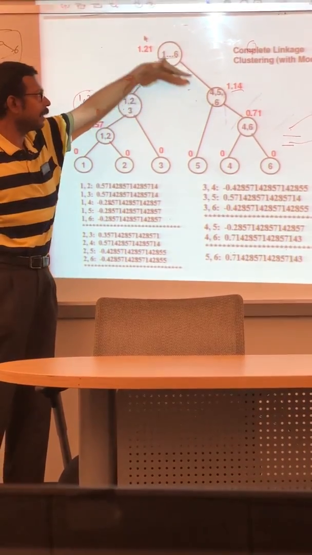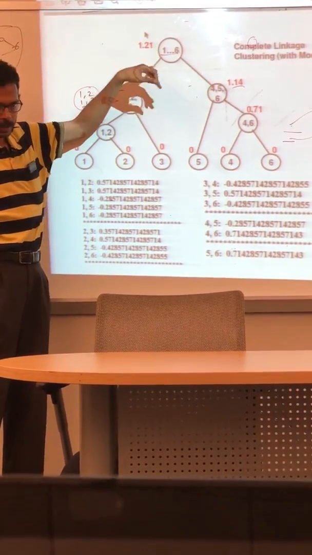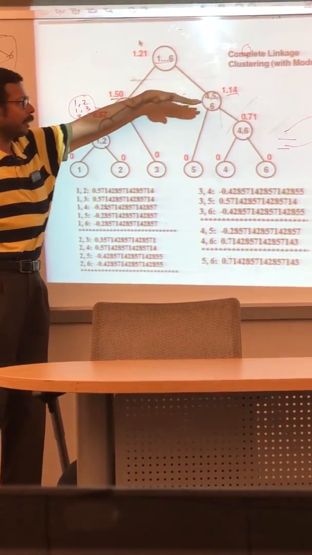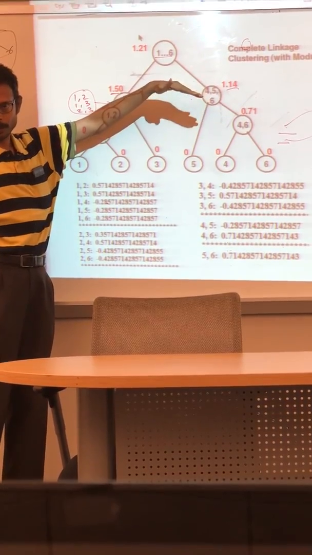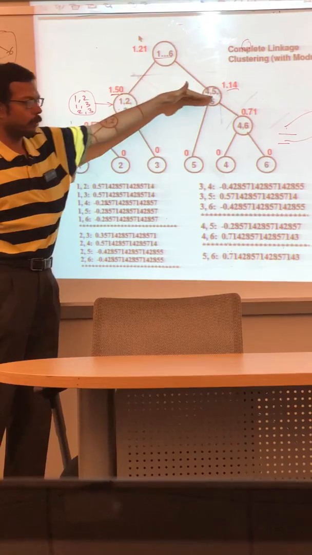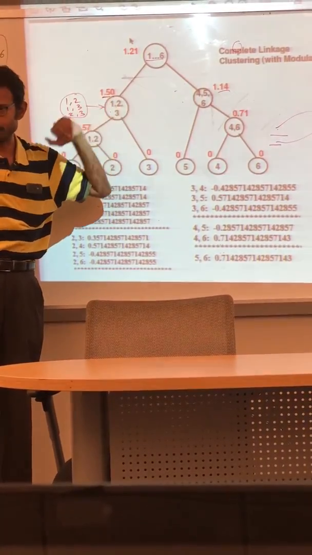It is larger than 1.21. If they exist together as one community, the modularity score is 1.21. If we break it down, the total modularity score is 2.64. So the modularity score is actually improving. So we decide to break down into 1, 2, 3 as one community, then 4, 5, 6 as another community.